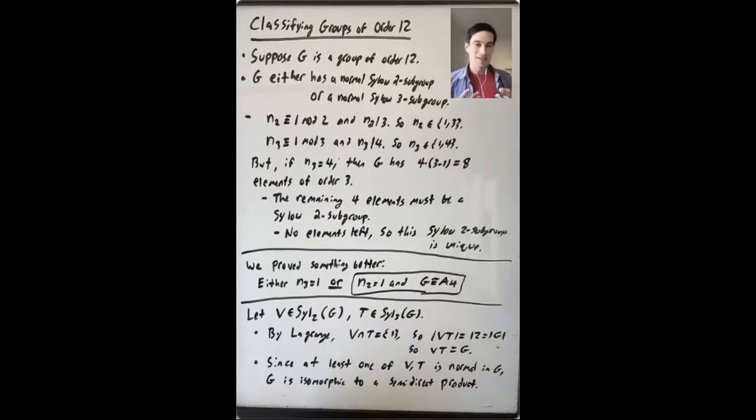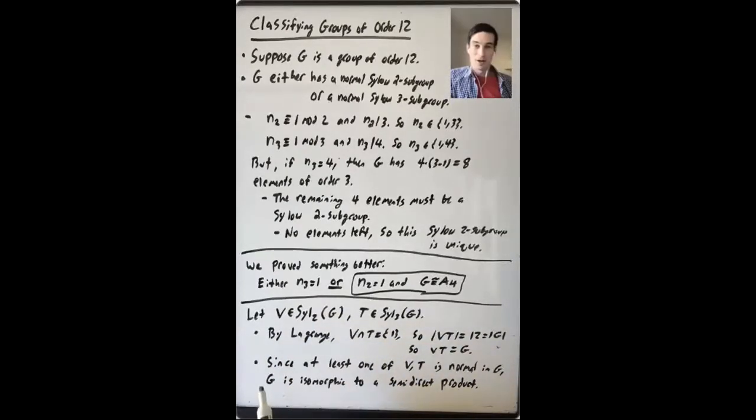That also tells us that we can apply the recognition theorem for semidirect products: G has to be isomorphic to a semidirect product. Now the order that we write it in matters, because we don't know which one of V and T is the normal subgroup. So how are we going to classify all groups of order 12? We'll just divide it into cases. If V is normal, then G is isomorphic to V semidirect product T with respect to some homomorphism phi from T to Aut(V).